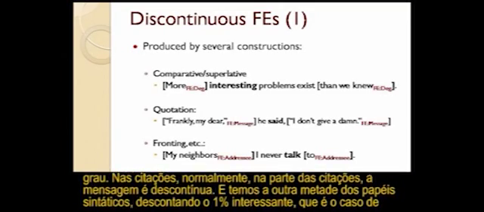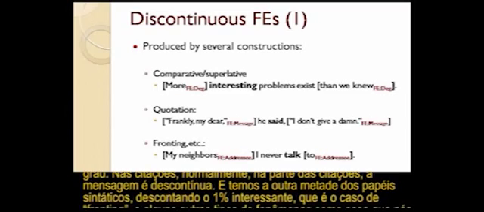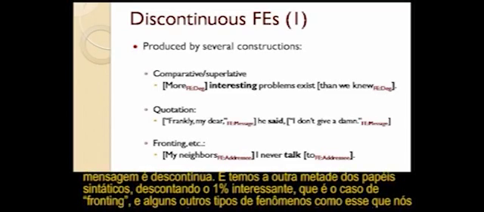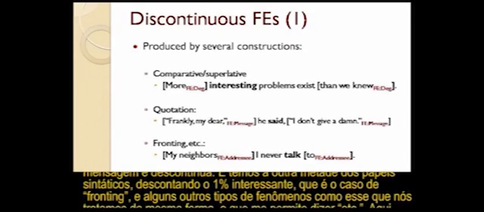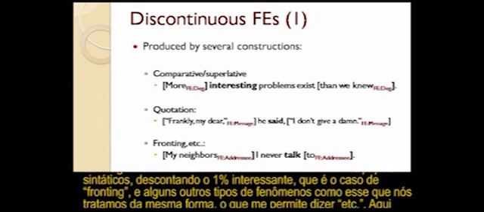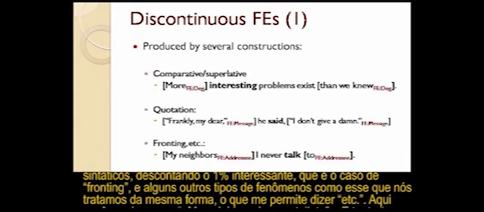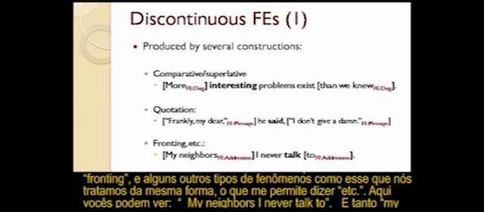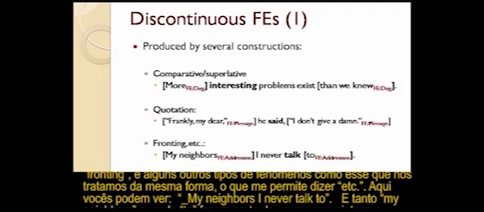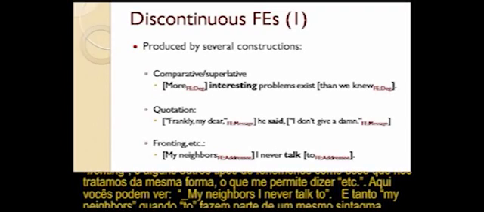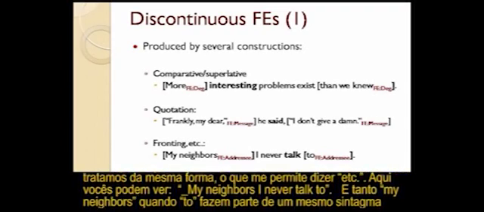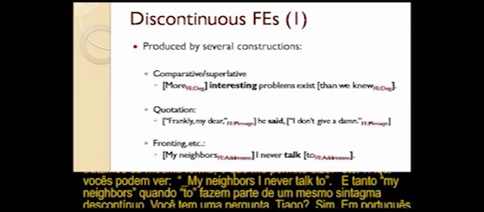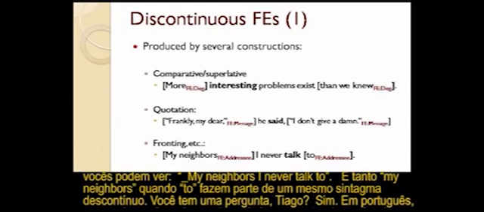And we have the other half of all syntactic papers, discounting the 1% on other interesting stuff, which is about fronting. And a few other types of phenomena like that, which we actually treat all in the same way, which is why I can say etc. And here you can see my neighbors I never talk to. Both my neighbors and to are part of the same, so to speak, discontinuous phrase.